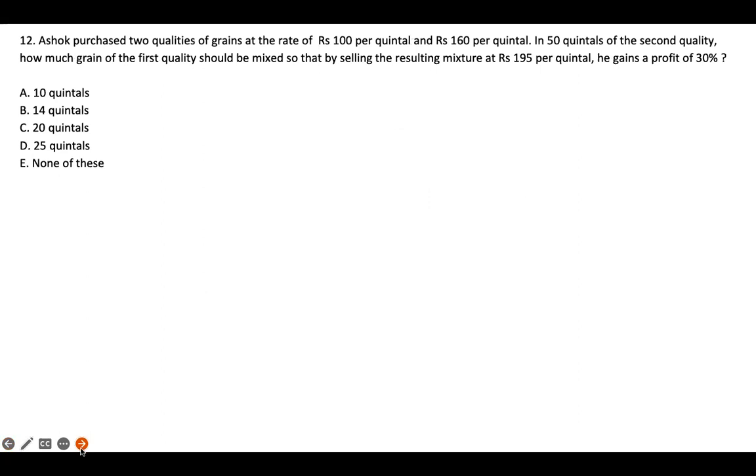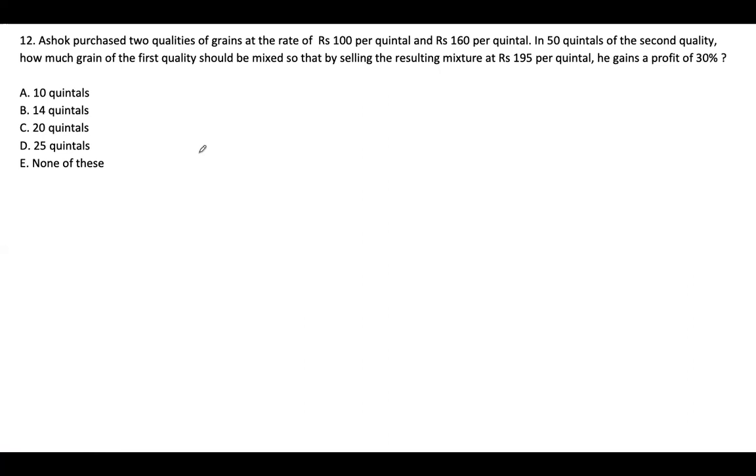Yeah, Vivek, go for this question. Ashok purchased two qualities of grain at the rate of rupees 100 per quintal and rupees 160 per quintal. So what is this 100 per quintal and 160 per quintal? That's the price per quintal. That is nothing but the average, no? Average, yeah.